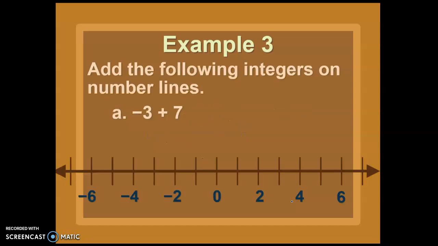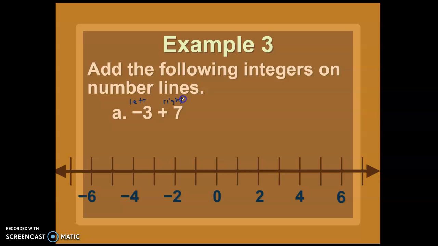All right, let's take a look at a slightly different one. We're going to go back to our number line because you can see in this case our add-ins do not have the same sign. In this case, we've got a negative 3 and we're combining it with a positive 7. If I'm thinking about the number line, if you remember, negatives mean left, so I'm going to go left 3, and positives mean right, so I'm going to go right 7.